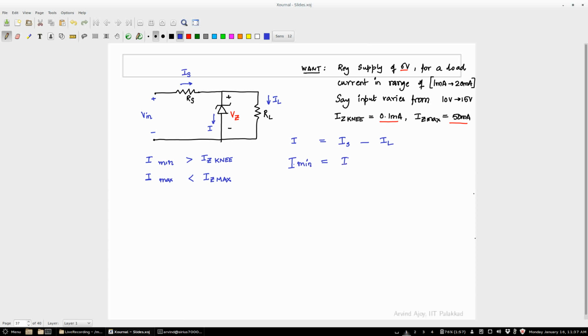So if you want I minimum, both IS is changing and IL is also changing, right? You can think of a general situation where IS is changing and IL is changing. So in that situation, I minimum will be IS minimum minus IL minimum.